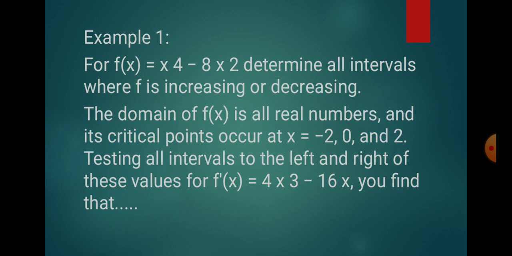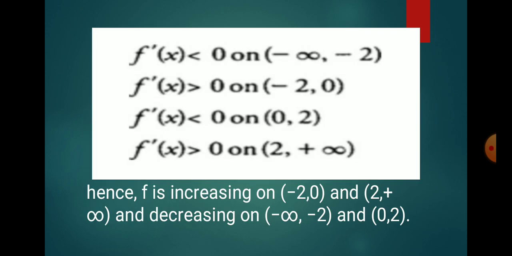you find that f'(x) is less than 0 on (negative infinity, -2). f'(x) is greater than 0 on (-2, 0). f'(x) is less than 0 on (0, 2). f'(x) is greater than 0 on (2, positive infinity).